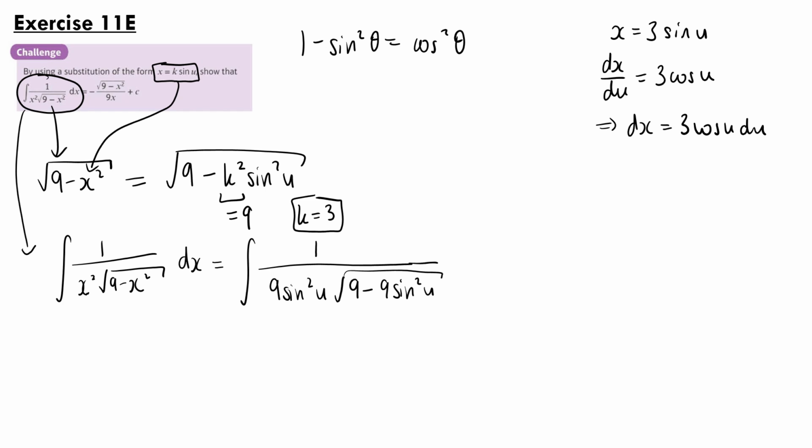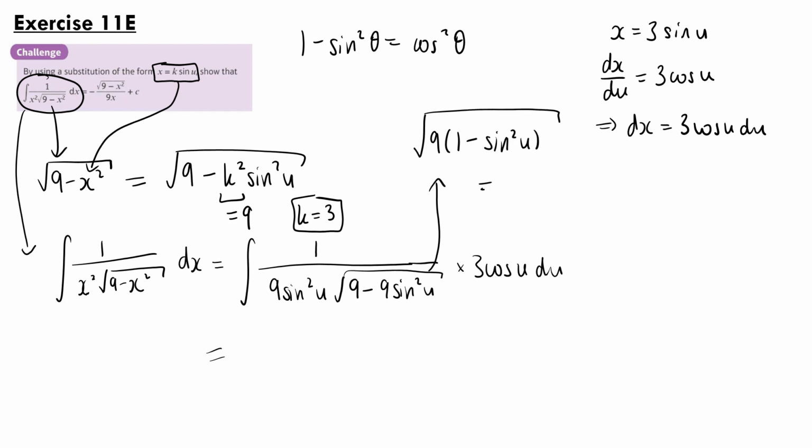And then we have dx being replaced by 3 cos u du. Okay, so let's focus in on this square root here. If we take out a factor of 9 first, then we're left with 1 minus sine squared u, which we know is equal to cos squared u.